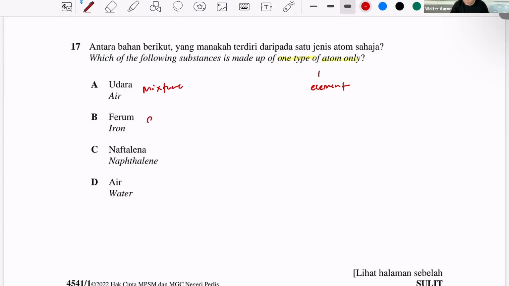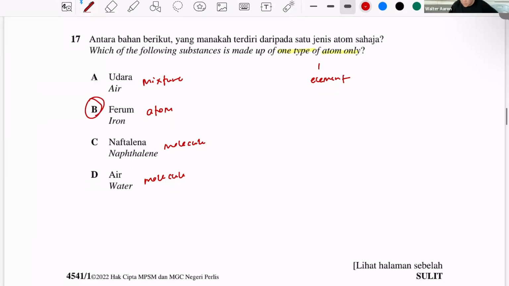Iron consists of only a single substance, so it's an atom. Naphthalene is a molecule. Water is also a molecule. Molecules and mixtures will have more than one type of atom for sure. So the best answer here would be pure metal, such as iron, which has a single atom only inside the chemical structure.